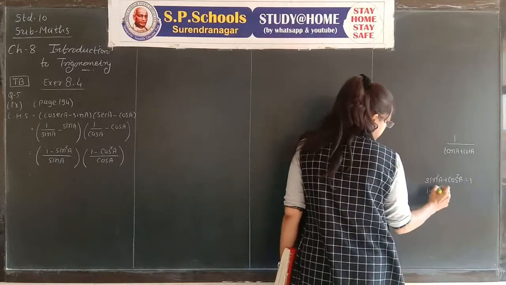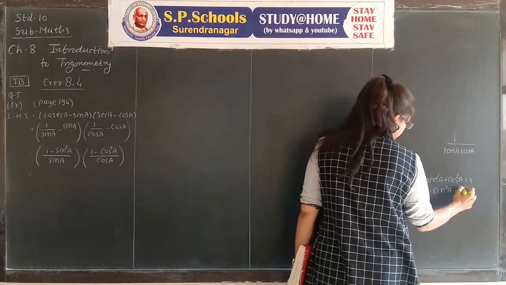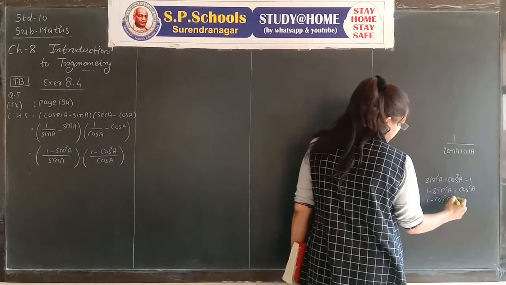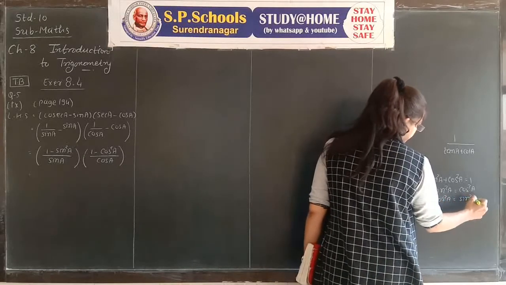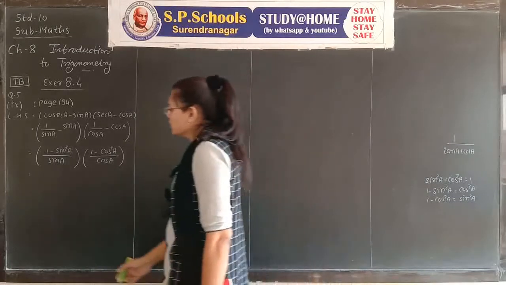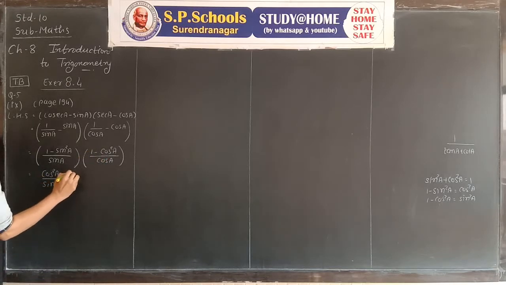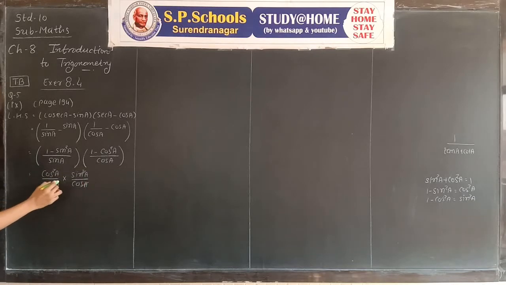That's why 1 minus sin square A is equal to cos square A, and 1 minus cos square A is equal to sin square A. Substitute cos square A instead of 1 minus sin square A upon sin A, and instead of 1 minus cos square A, sin square A upon cos A. Now 1 time cos cancels, 1 time sin cancels, the remaining is cos A into sin A.